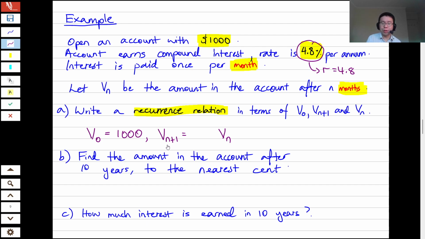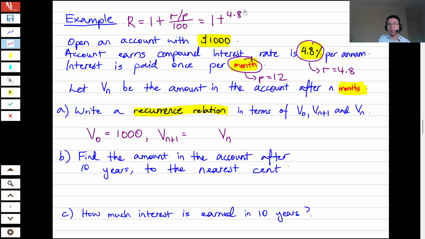And then, using the formula I gave you for P times per year, there are 12 months in a year. So P equals 12. And the common ratio, capital R, is 1 plus r divided by P divided by 100, sorry. So that's going to be 1 plus 4.8 divided by 12 divided by 100.